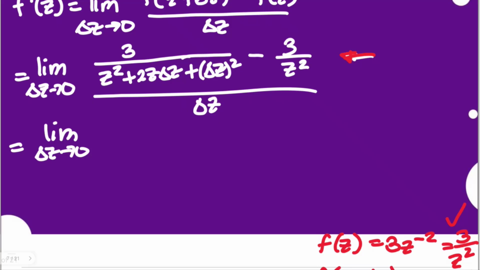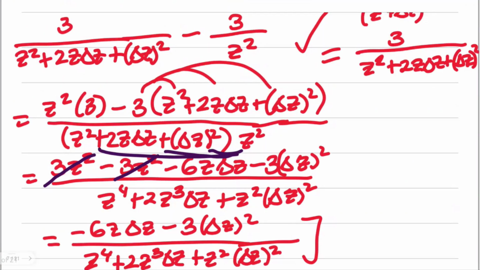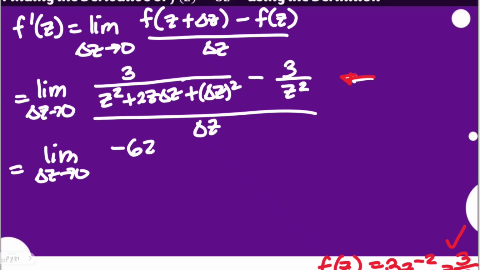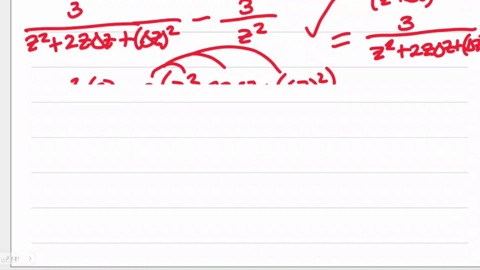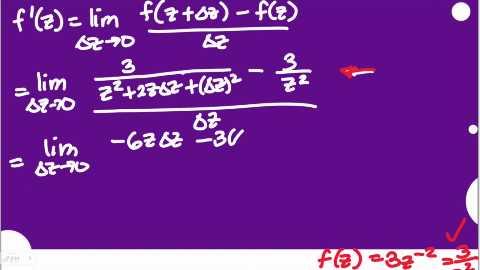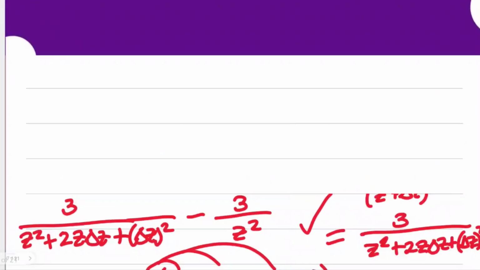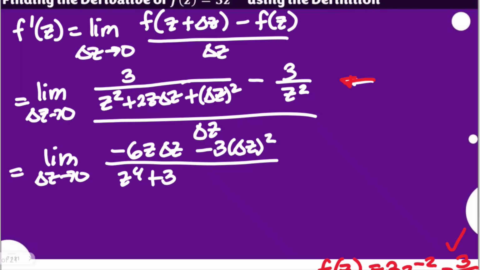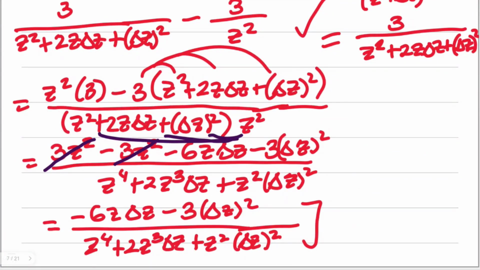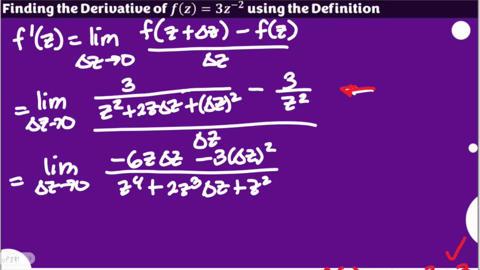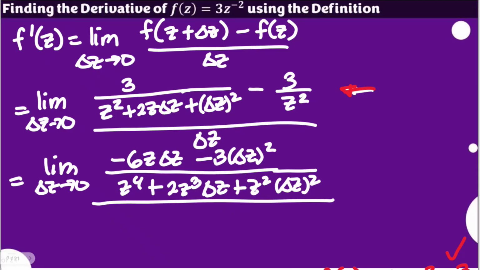So you have your entire numerator, negative 6z delta z minus 3 times the square of delta z, all over z to the power of 4 plus 2z cubed delta z, and z squared times the square of delta z. But this is still all over this one because this expression is just the numerator, delta z.